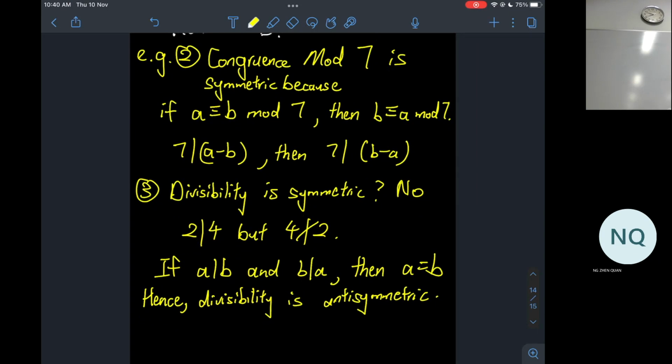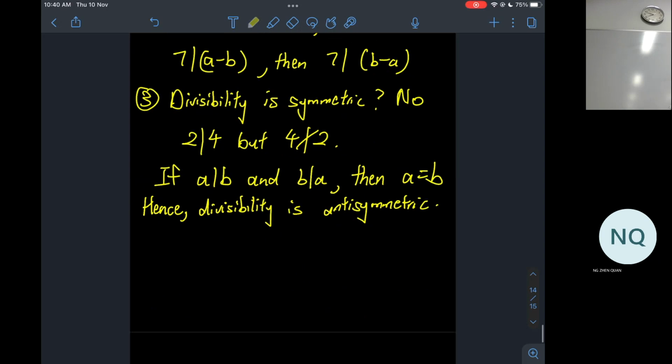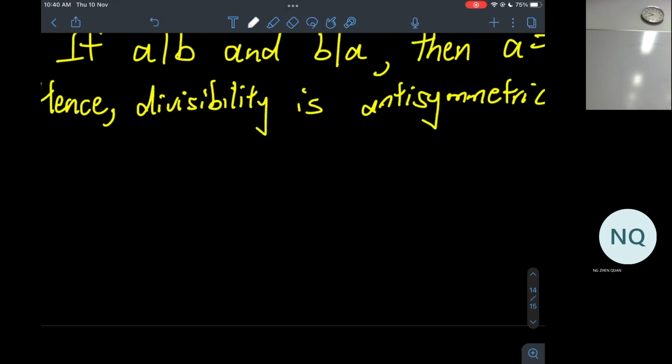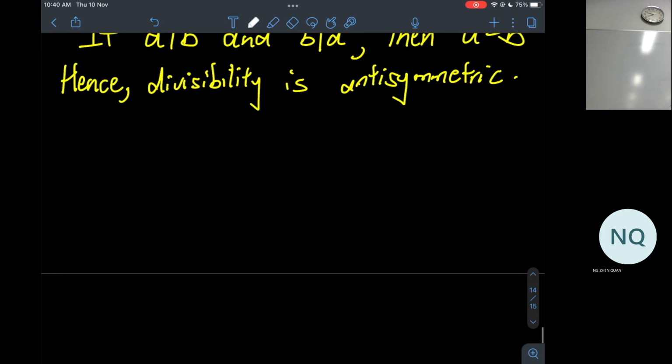Okay. Next, the last property you need to know for this day.